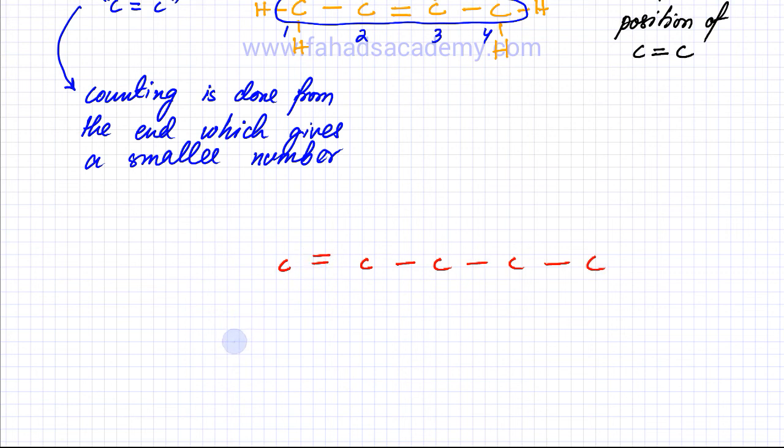So we have this alkene, and let's draw the rest of the atoms as hydrogen. So we have 2 hydrogens over here. There would be 1 hydrogen over here to complete the bond. This needs 2 more bonds, so there would be 2 hydrogens over here, 2 hydrogens on this side, and there would be 3 hydrogens over here. So let's say we have this molecule, and we're going to try and name this molecule.